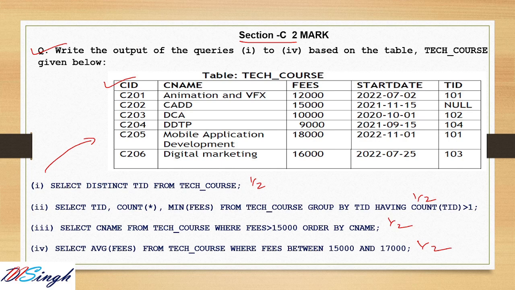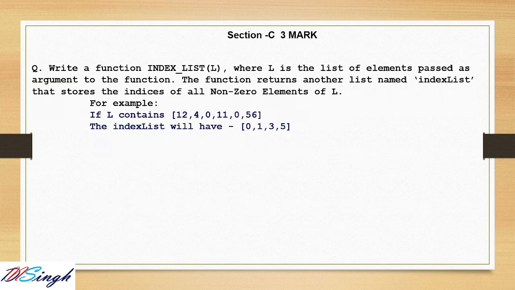The next question in section C is from the programming part, where you need to write a function, or a function might take a list. You have to manipulate the values present inside a list, tuple, dictionary or string.